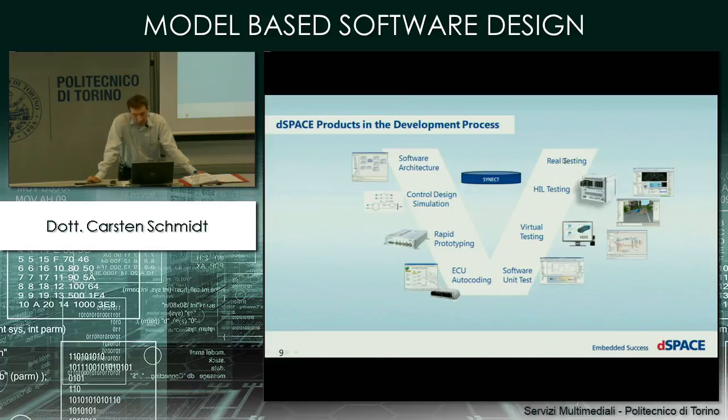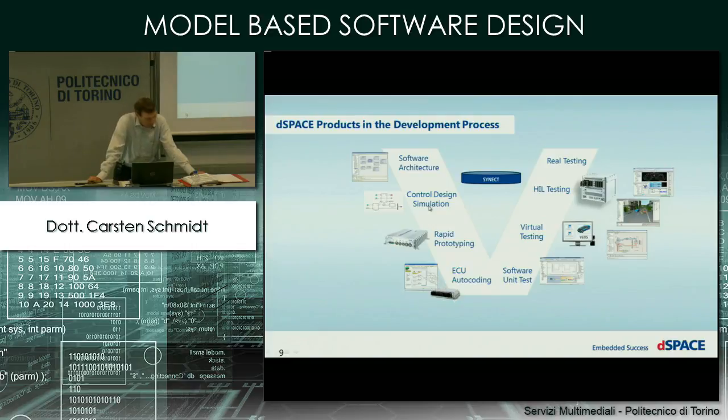And I would like to use a quite adapted form of this V-cycle to present the most important DSpace products to you, because they can be quite nicely arranged here, and you can associate the most DSpace products with certain places in the V-cycle model.